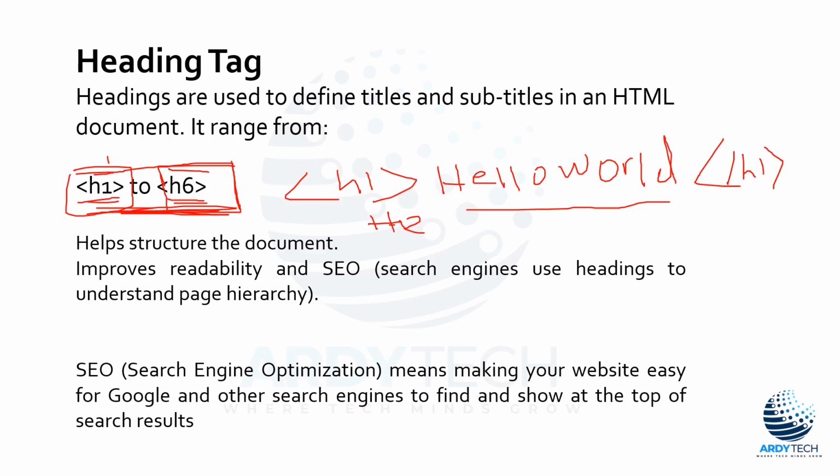And mind you, this is very key when developing web pages. SEO here stands for search engine optimization. It means making your website easy for Google or other search engines to find and show at the top of the search results. Let's say you have an e-commerce website that focuses on selling electronics.